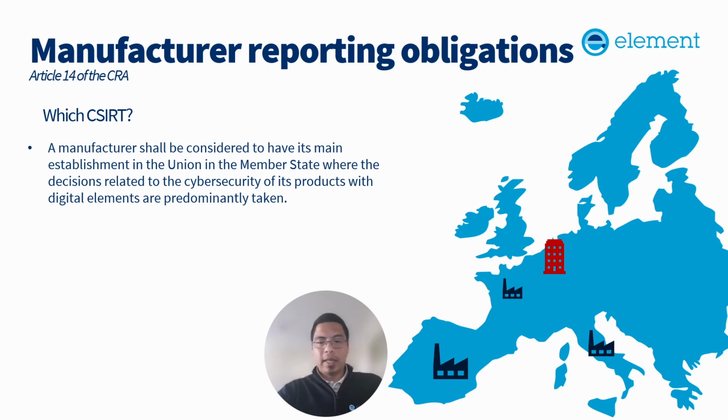So it's not necessarily the largest site, the site with the most employees, or the site that produces the most products, but it is the site where effectively the decision making relating to cybersecurity takes place.